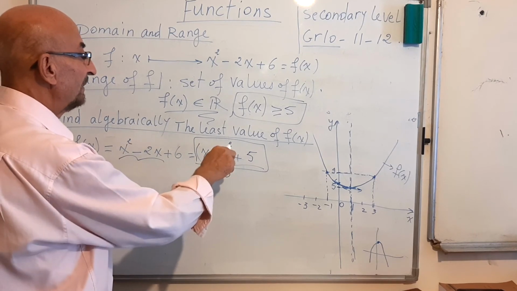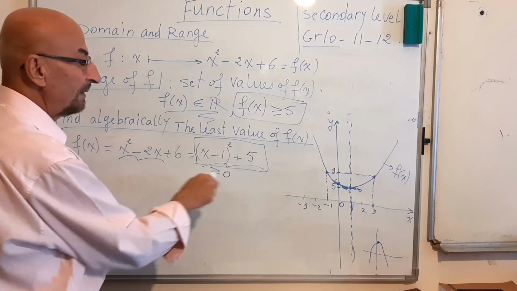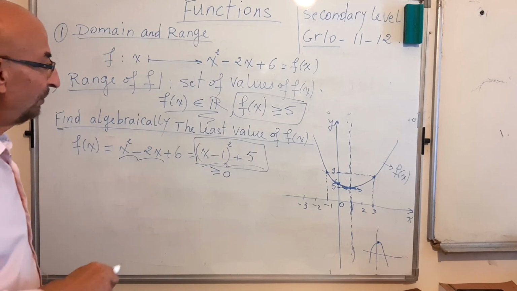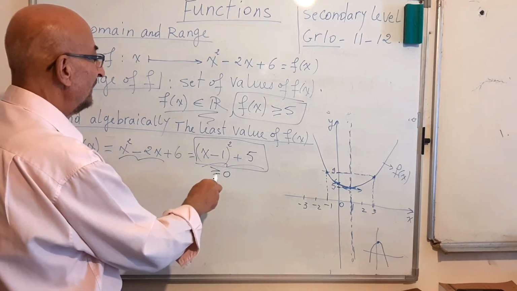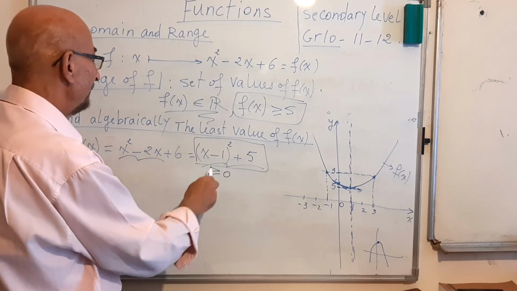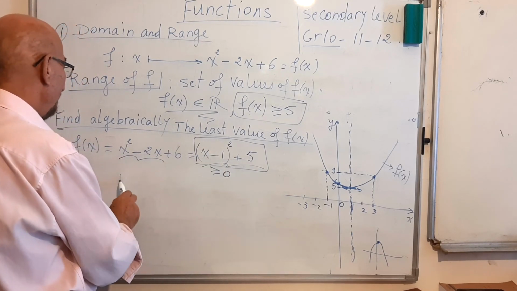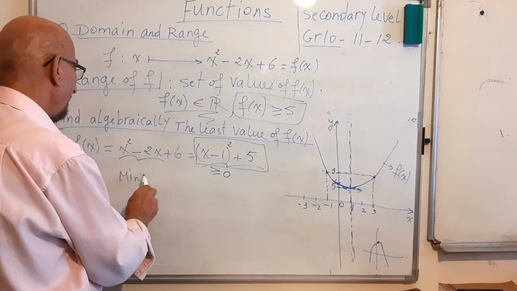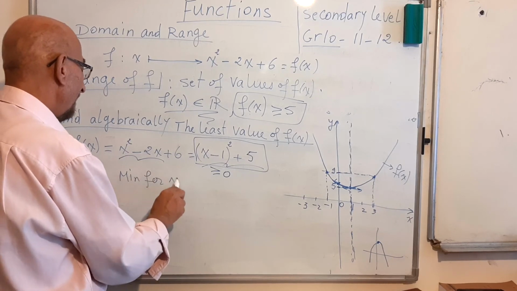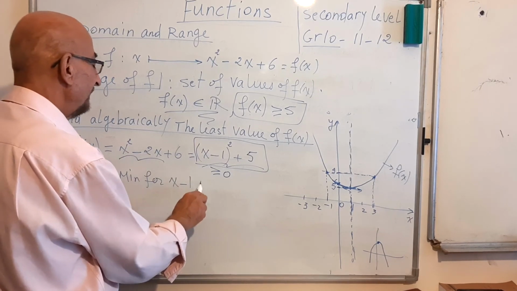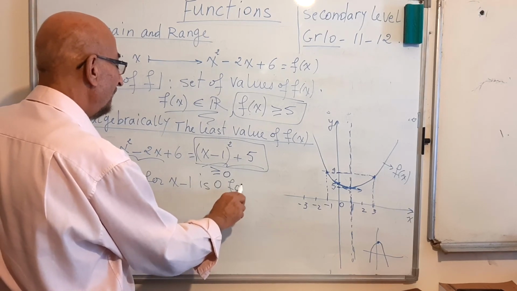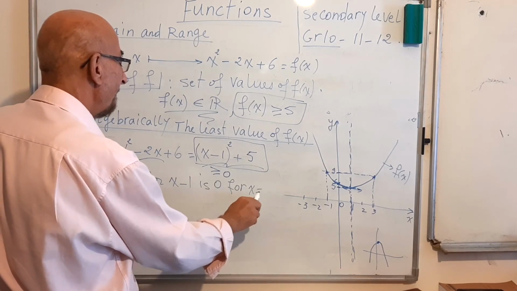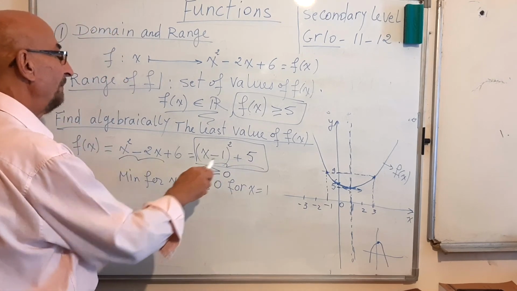The bracket squared is greater or equal to 0. So 0 is the minimum of (x minus 1) squared, for x equal 1.